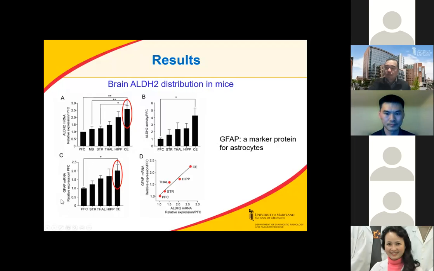GFAP messenger RNA expression also showed similar patterns here, highest in the cerebellum. That means our model is targeted mainly in the cerebellum astrocytes, and there is a very good correlation between the GFAP messenger RNA and the ALDH2 messenger RNA.